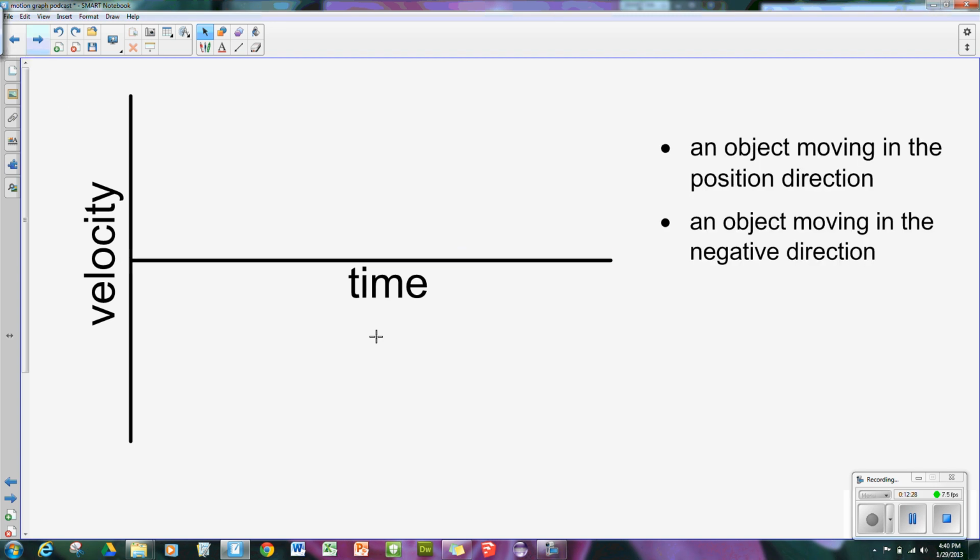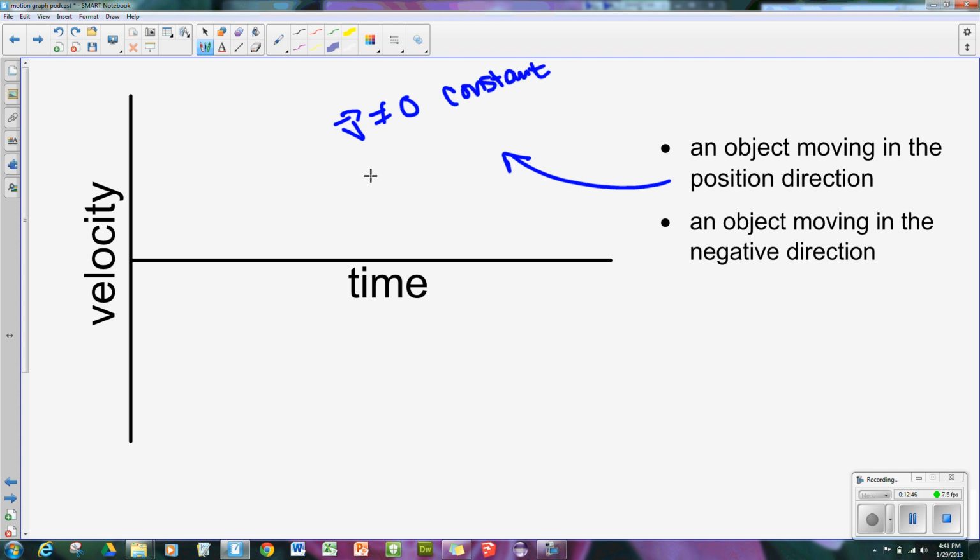Now let's consider an object that's moving at a constant speed in the positive direction. So constant positive direction, we're going to say the velocity is not equal to 0, but it is constant. Its displacement cannot equal 0 because it's moving from one place to the next.